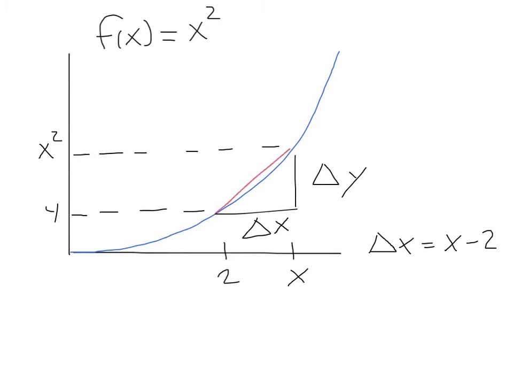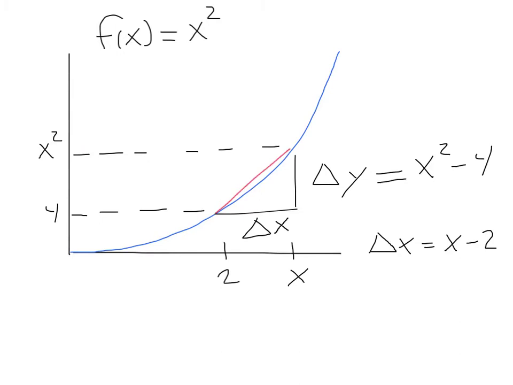So we just plug in 2 squared, well, that's got to be 4, and we plug in x squared, well, that's x squared. So the change in y values is going to be x squared minus 4.